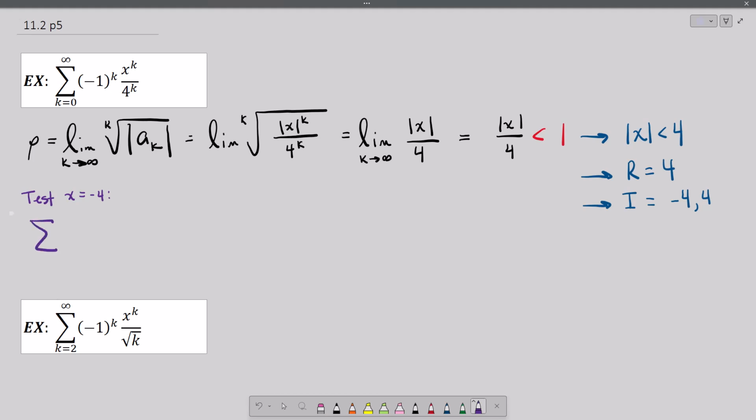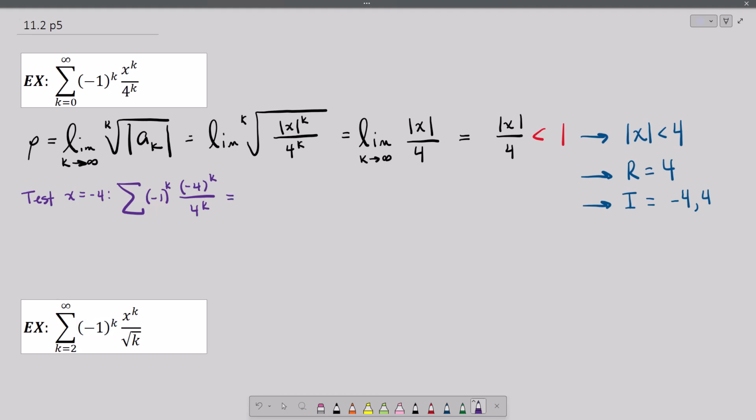When we plug in -4, we will have a series of numbers, and we're back in chapter 10, doing all that stuff from chapter 10. We just have to analyze that and figure out, does that thing converge? Does that thing diverge? Let me move it up here just so we can try to do both endpoints on one page.